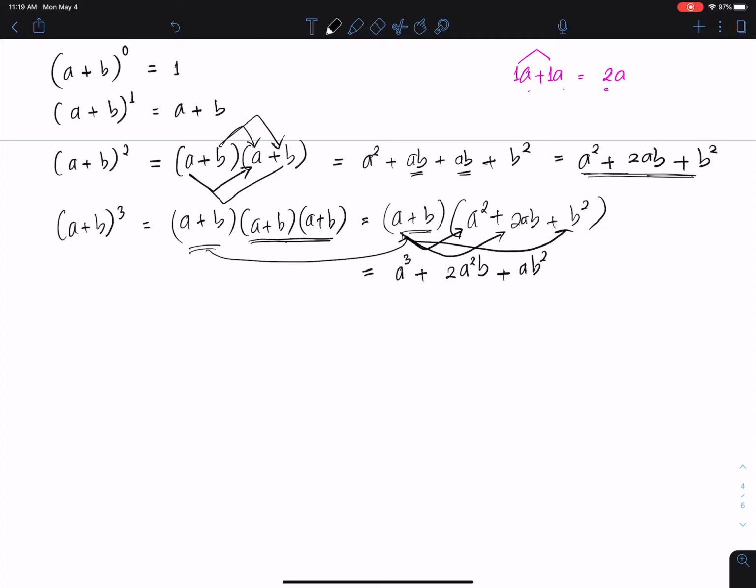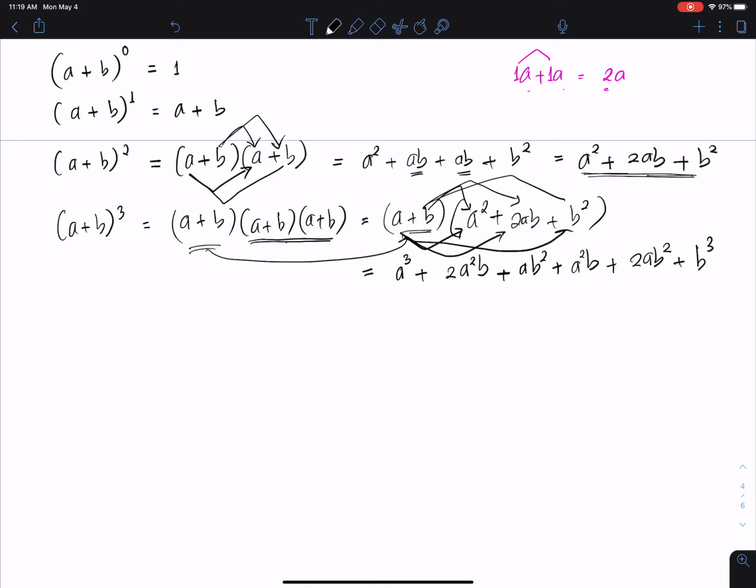That's all for a. Now for b, b times a square, we get a square b, plus b times 2ab, we get 2ab square. And then the last one here, b times b square, we get b to the power of 3.